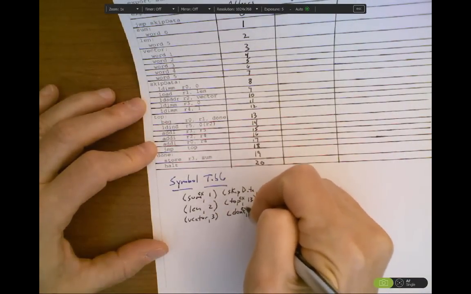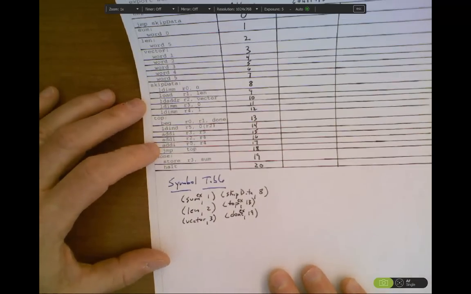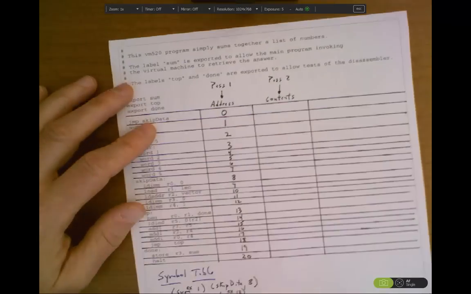Again, we'll come back to this when we go to generate the object code file. But I'll just note that those 3 labels were exported, the other 3 were not. At least they haven't been yet.